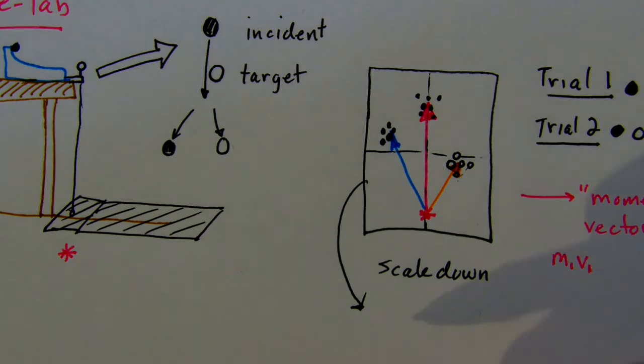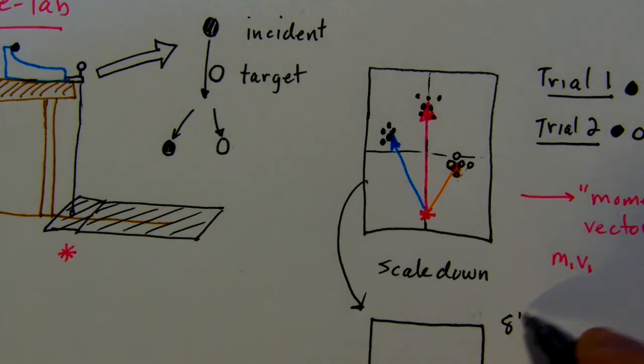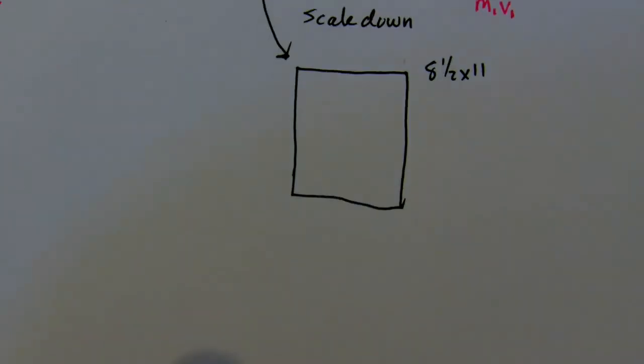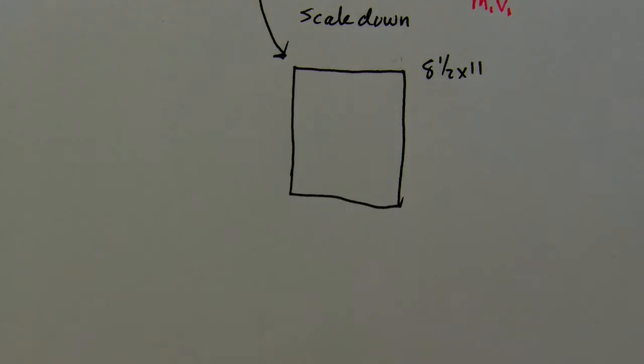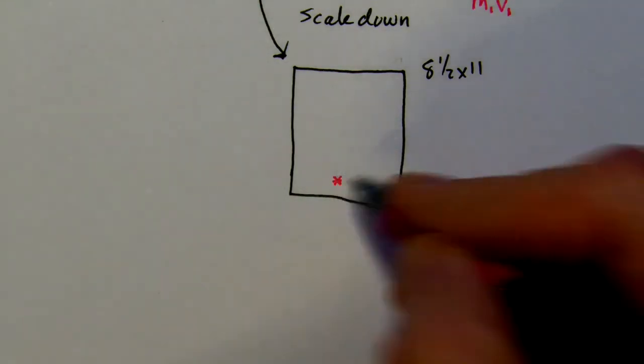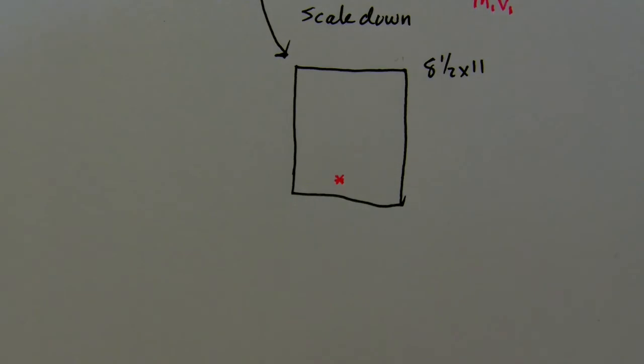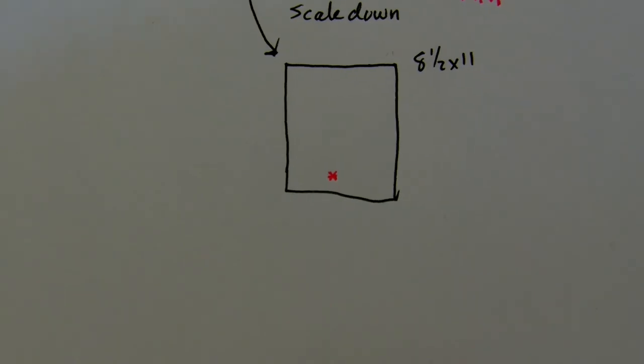And I'll show you more in the post-lab paper or the pre-lab paper. Now we're dealing with an 8.5 by 11, just a standard copy sheet of paper. So we've transferred everything now, and we can still draw this if we need to, although it will be a point. It won't be this big blob.